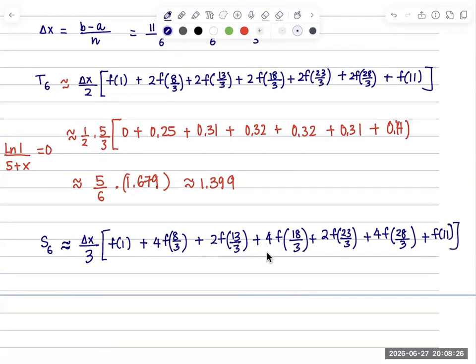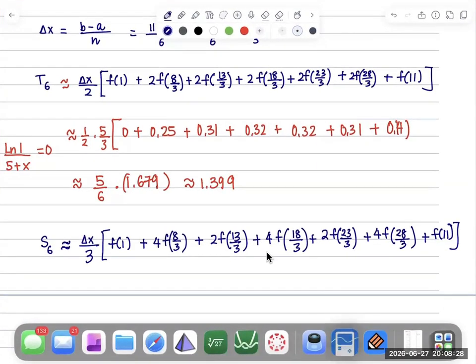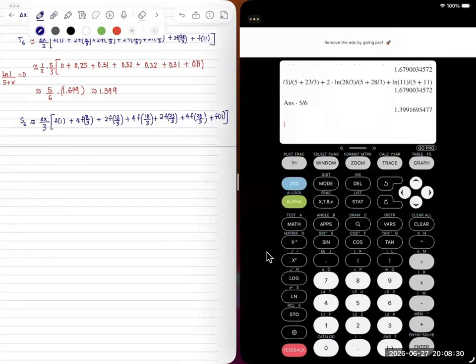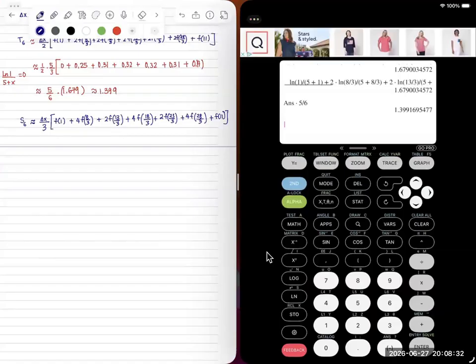And then now we just continue to do our calculator again. Seeing everything is just there, I just need to go back using the cursor to select that again, and then change all the coefficients that need to be 4. So for the 8/3, I need that to be 4. So this one is 4, and then 2, 18/3, I need it to be 4.